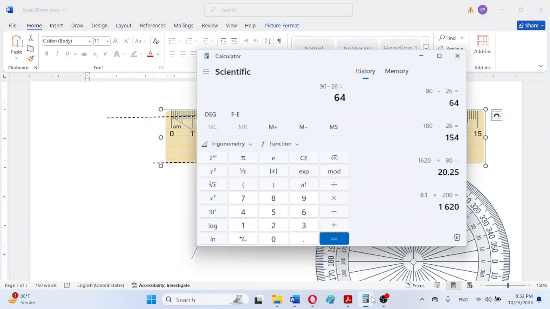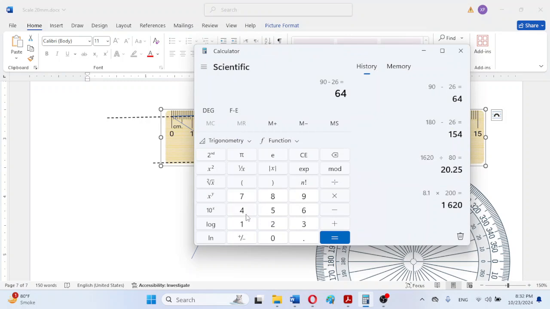So according to scale we will be converting 4.2, and we will be multiplying it with 300, because according to scale 300 millimeter per second was equal to 1 centimeter. So the value comes out to be 1260 millimeter per second.